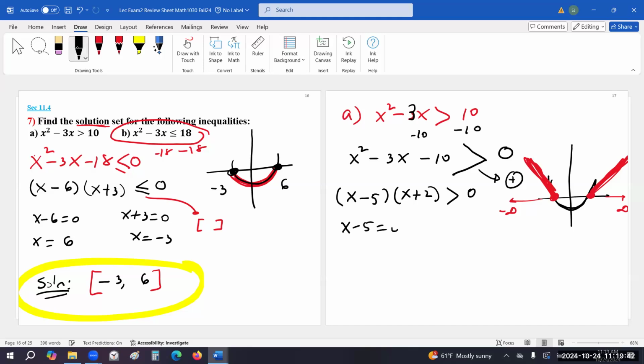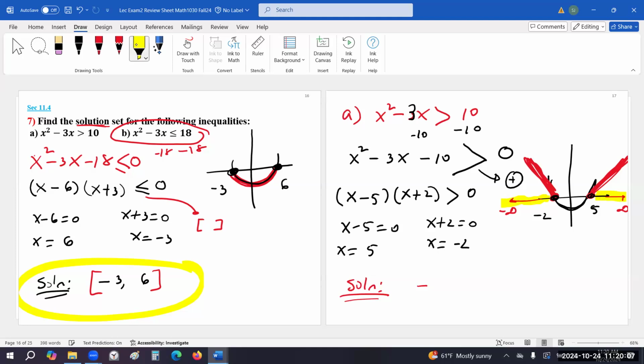So x minus 5 is 0. X plus 2 is 0. That gives us x is negative 2 and 5. So what is this number on the left? And the right number? 5. So what is our solution? This portion, right?